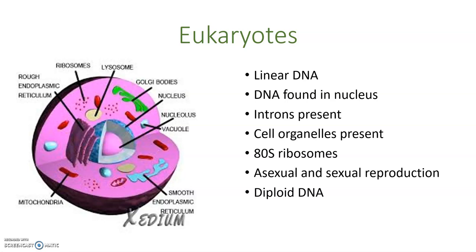Eukaryotic cells are far more complex than prokaryotic cells. The hallmark of the eukaryotic cell is compartmentalization. That is, by the statement we can conclude that eukaryotic cells have membrane bound organelles.